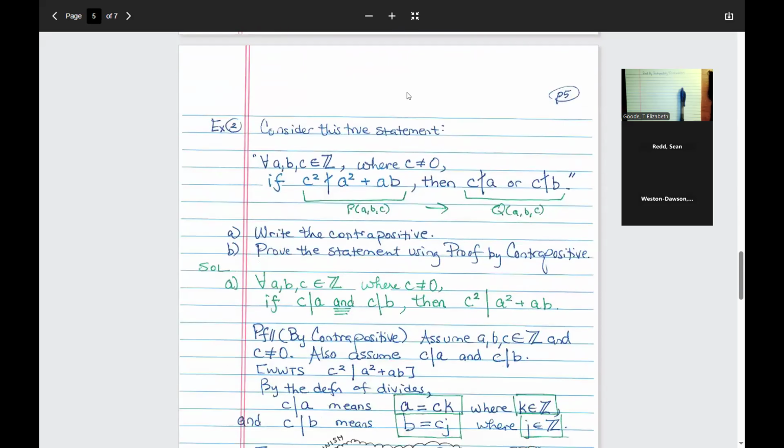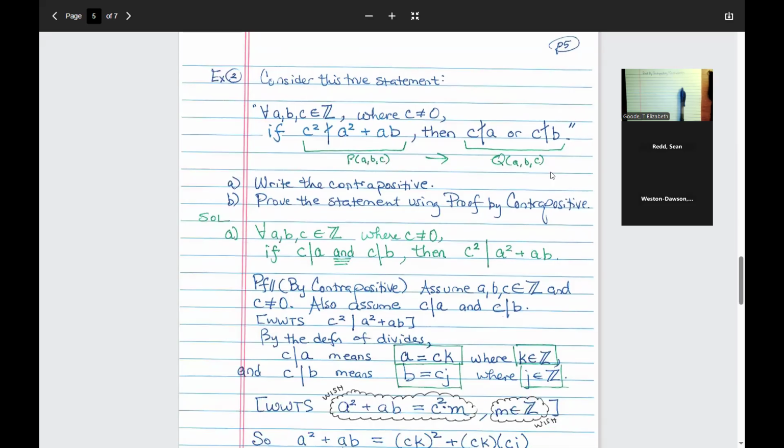And then my favorite kind of proof by contradiction or contrapositive is to prove a does not divide statement. Because if you try to prove it directly, the hypothesis that c squared does not divide a squared plus b squared doesn't help us at all.